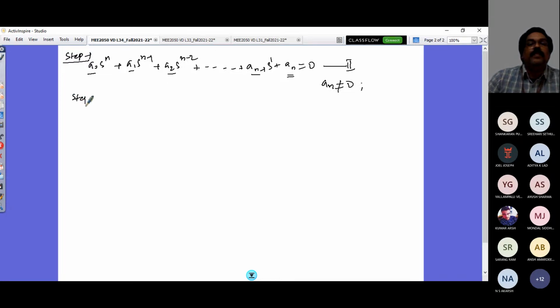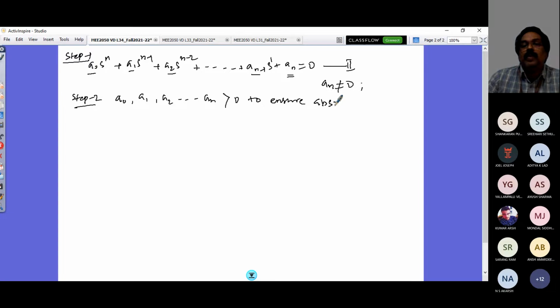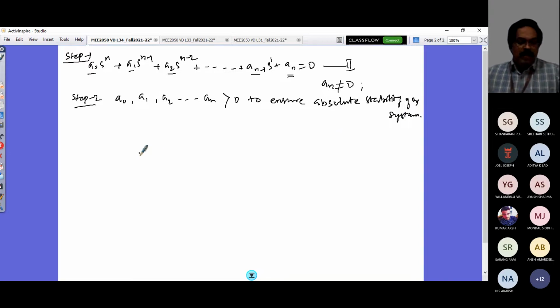So step 2 is observation that a0, a1, a2 and so on are all greater than 0 to ensure the absolute stability of the system.